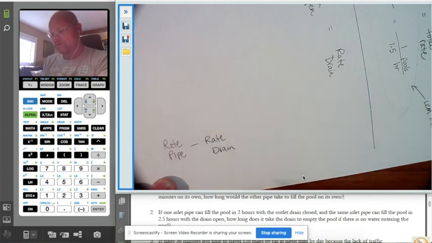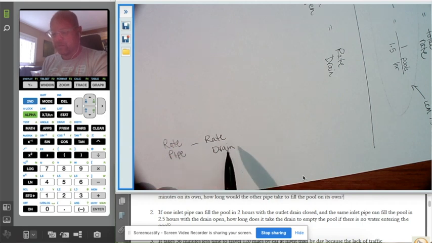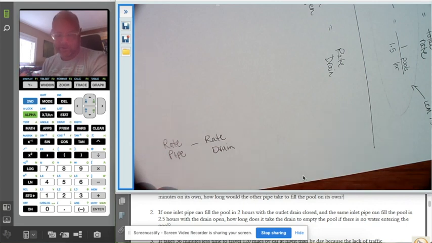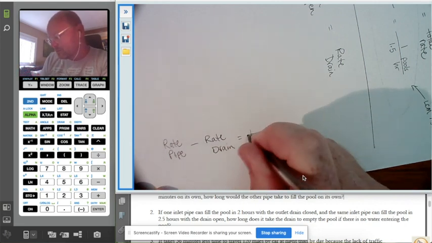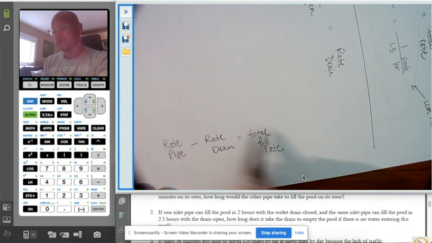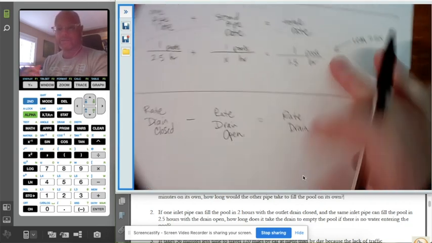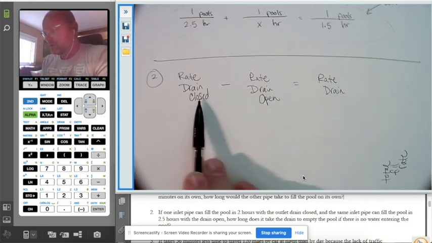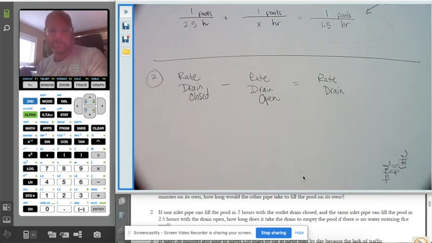You could also think about it as I'm trying to fill up the pool with the pipe, but if the drain is open, it's subtracting something off of that rate, and that would get me my total fill rate. You can absolutely set up the equation like that as well, but I think it's a little more intuitive to talk about it in terms of the difference between the 2 rates being how quickly the pool can drain.